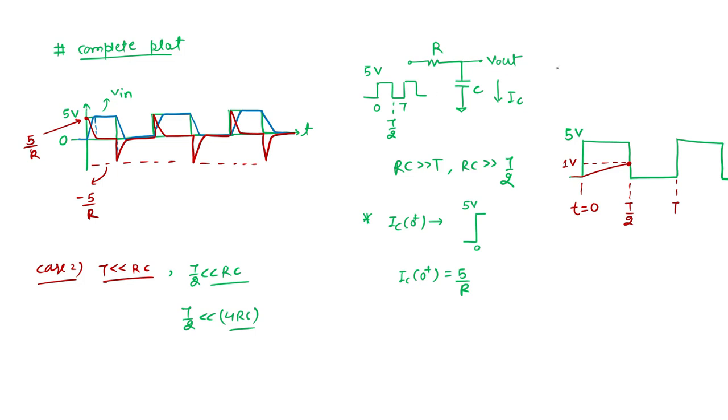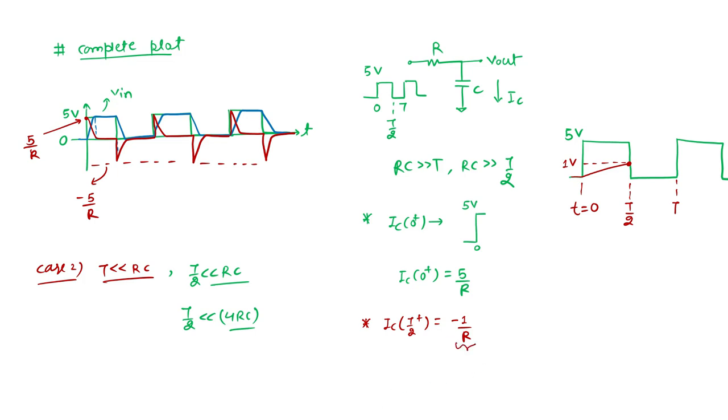What will happen at T by 2? At T by 2, my excitation is removed. So the circuit after T by 2 is what? The current at T by 2 plus is a negative value, but it is minus 1 by R, not minus 5 by R. Previously, when it was fully charged, the current at t equal to T by 2 positive was minus 5 by R, but now it is minus 1 by R. So the initial slope is lesser in this case.